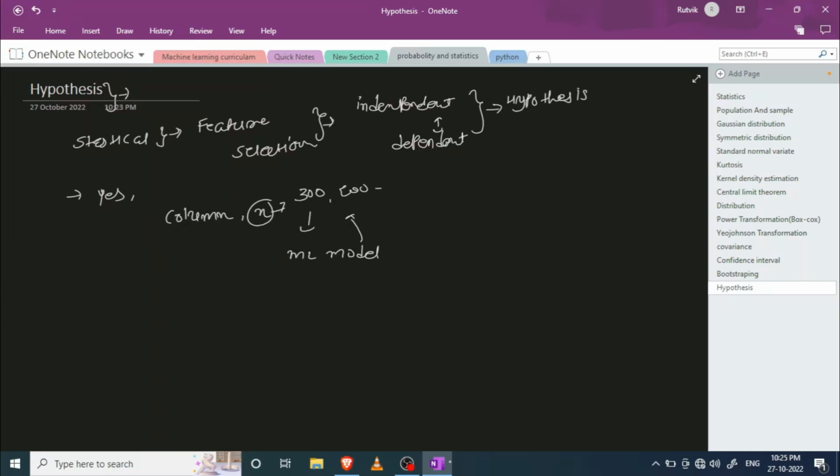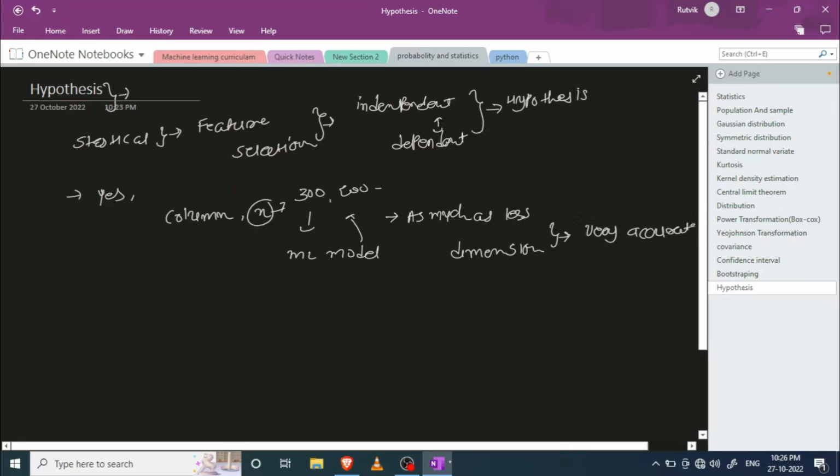Because the fewer columns, or let me say fewer dimensions, we have, our model will be more accurate. So we try to remove most of the columns from the data set.